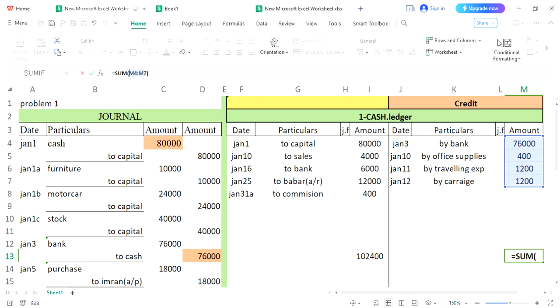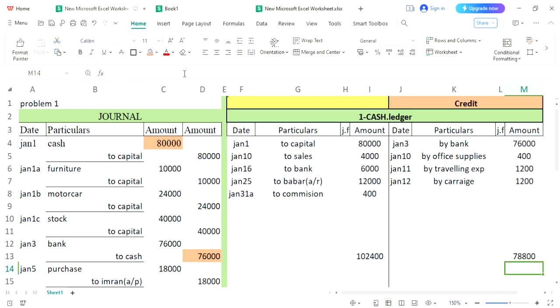Okay, and one more thing is missing over here. Let's correct it. So sum of credit side 78,800, sum of debit side 102,400. First step is completed. You have summed up both sides. Now make the comparison of both amounts. Debit side 102,400 and credit side 78,800.